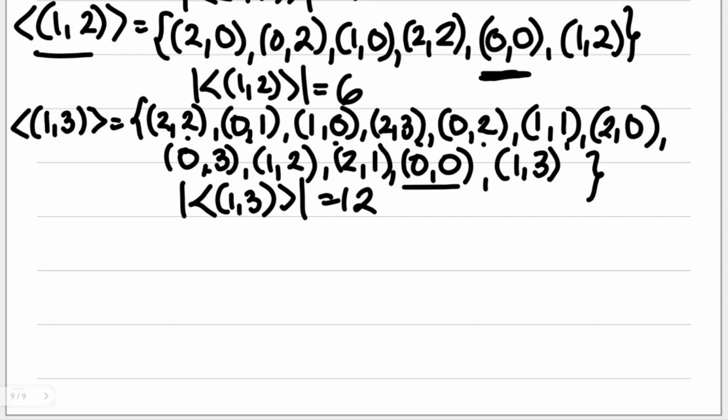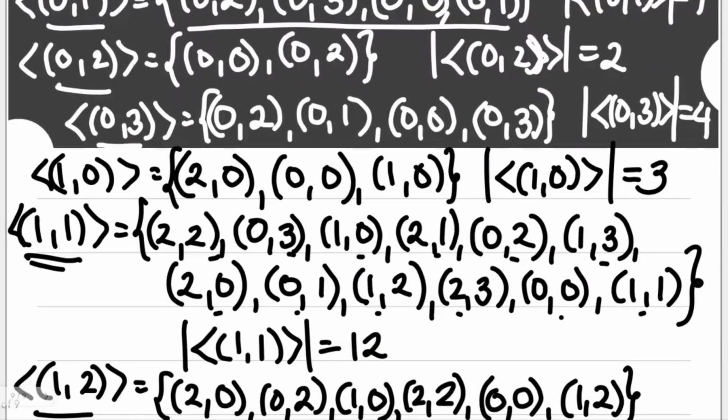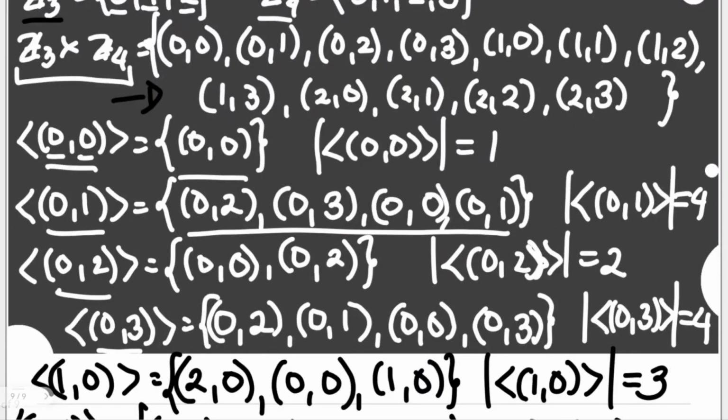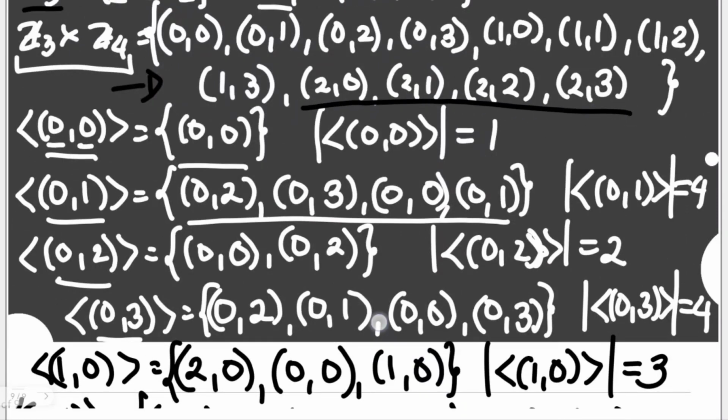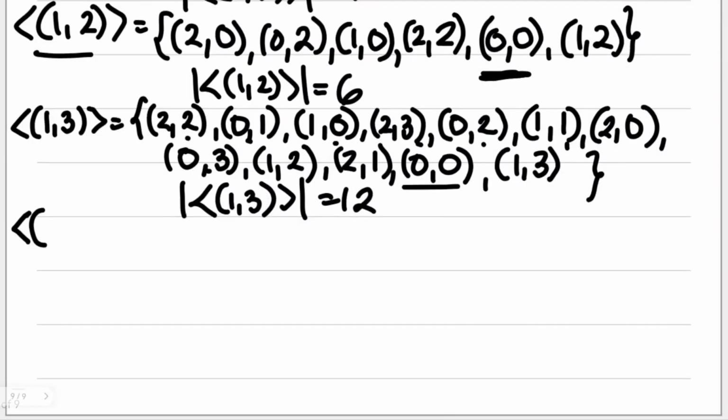Okay? Pardon me, I still have 4 more elements and I believe I don't have much space here. So let's simply write this in smaller caps as well. We are now at the element 2 and 0. So 2 plus 2 is 1 modulo 3. 0 plus 0 is 0.